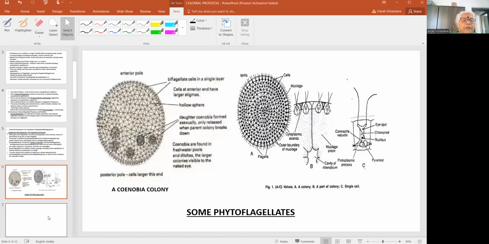Now, let's start with the Phytomastigophora, the Volvox. This is a Volvox colony. These are the two types of Phytomastigophora. This is one Cenobium colony, and this is a Volvox colony.